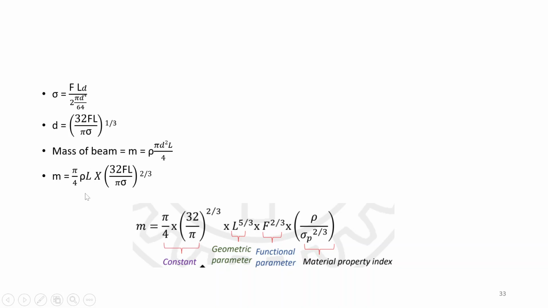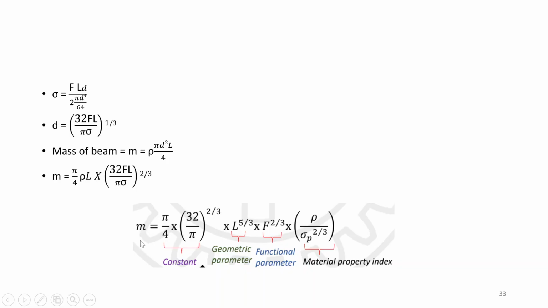So you have to segregate again the constants. So the constant will be pi by 4 and 32 upon pi to the power 2 by 3. Then you have to segregate the geometric parameter, which is length L to the power 5 by 3, the functional parameter force F to the power 2 by 3, and then the material property index rho upon sigma to the power 2 by 3.